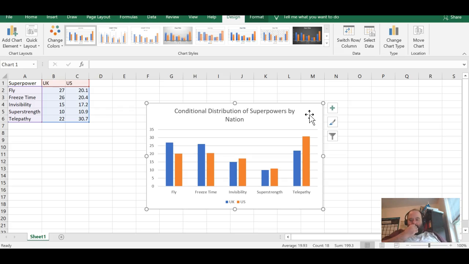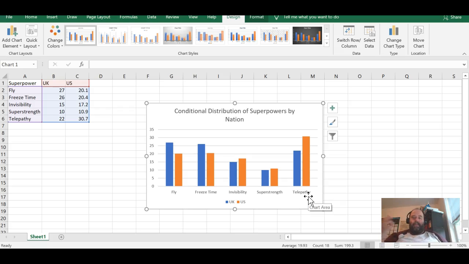Now part C asks, is there association? And no association would be all the bars being roughly the same height, right? Like if we were just talking invisibility and super strength, we couldn't really say. But if I look at the fly bar, the freeze time bar, and the telepathy bar, there is more of a clear association of flying and freezing with UK respondents and more of an association of telepathy with US respondents.